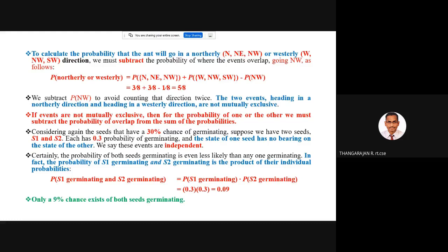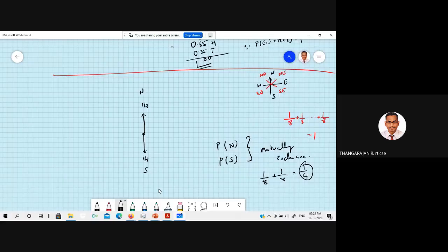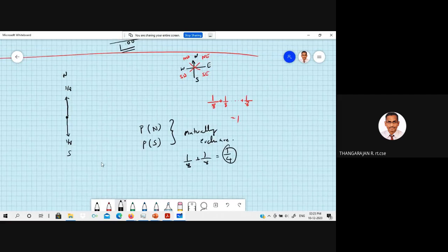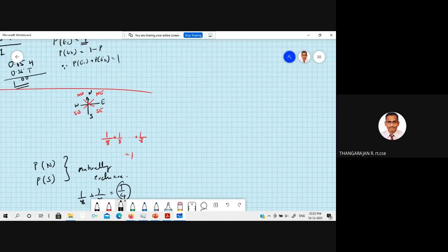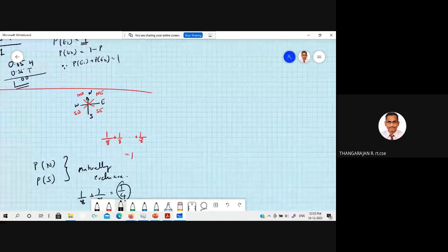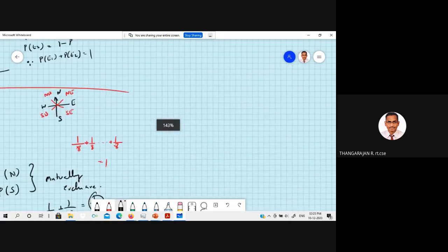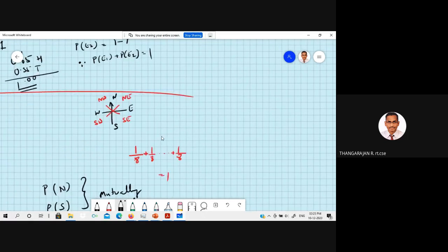Now we take the same problem and slightly modify it. We take this diagram and just expand it. Suppose now I say an ant moving northward.